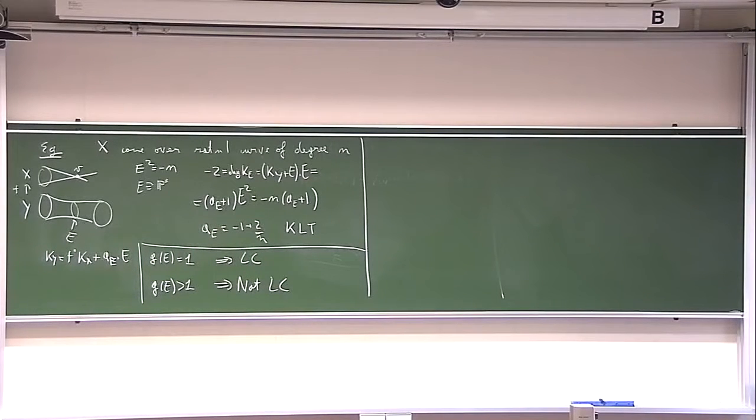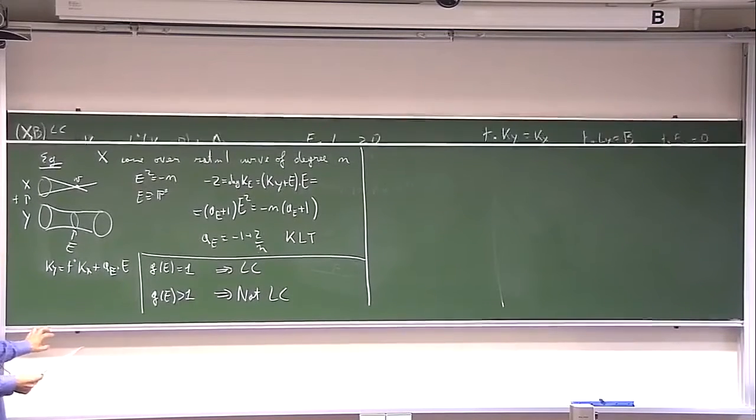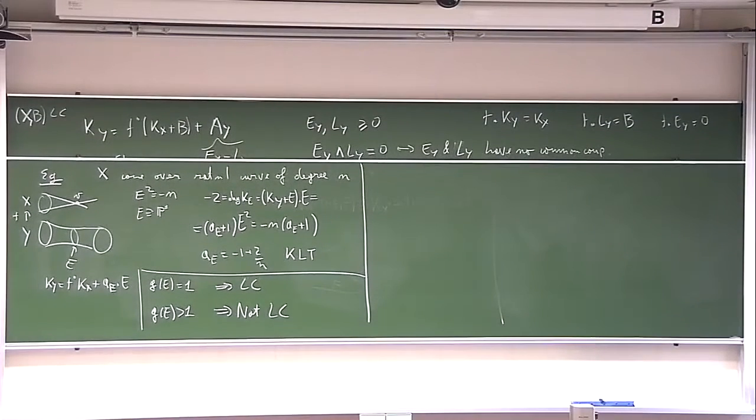The other typical example that I'm supposed to do at this point is computation of the log canonical threshold of a cusp. So I'm supposed to tell you what a log canonical threshold is before I do that.